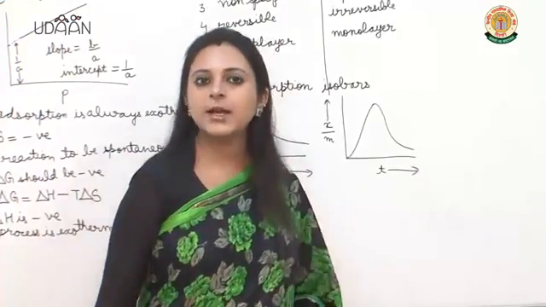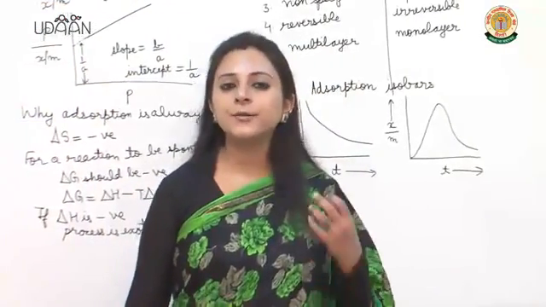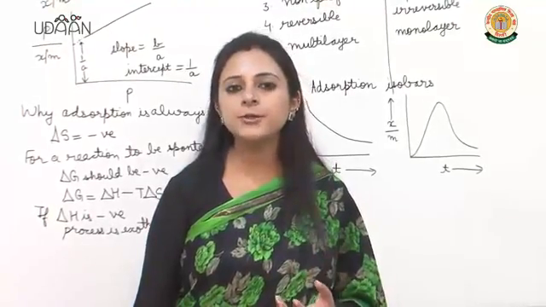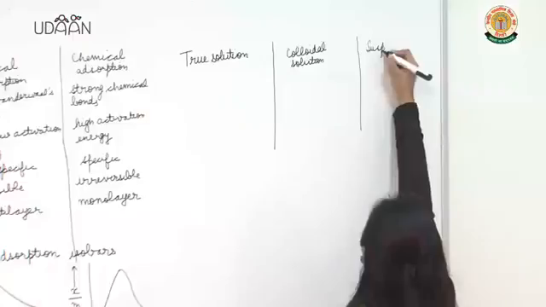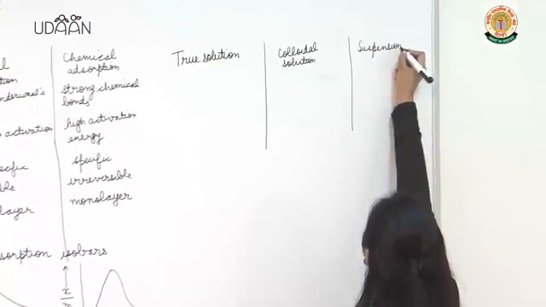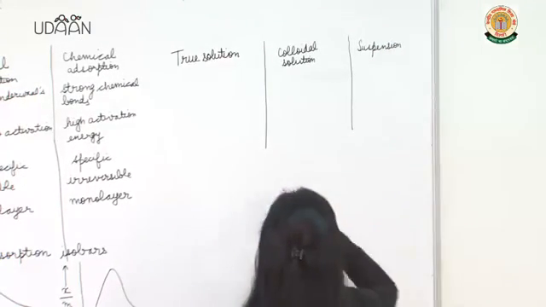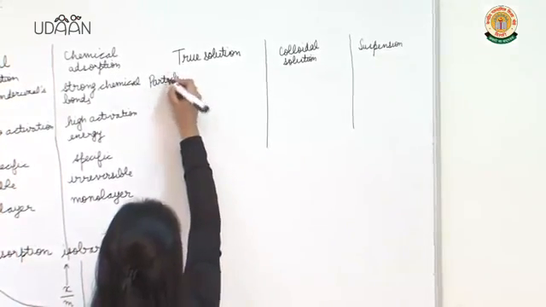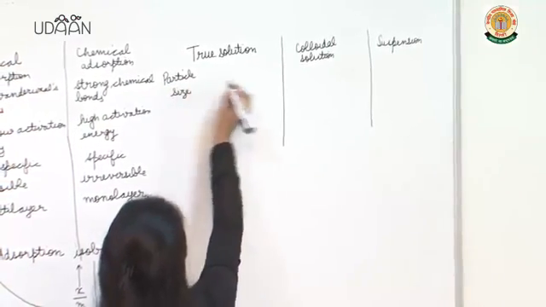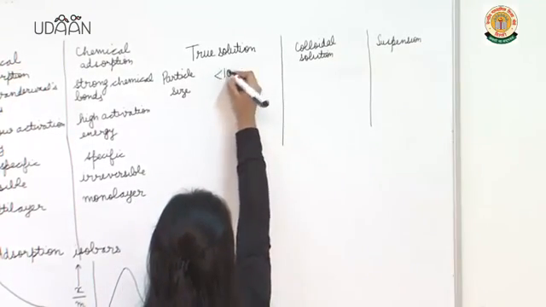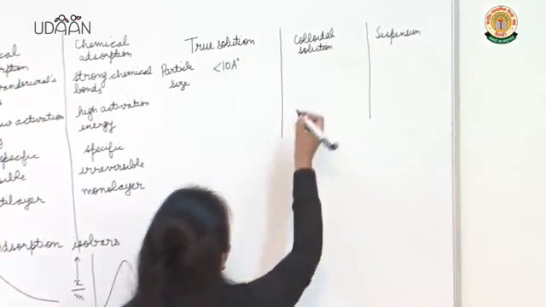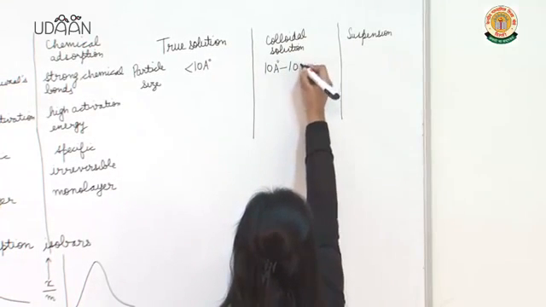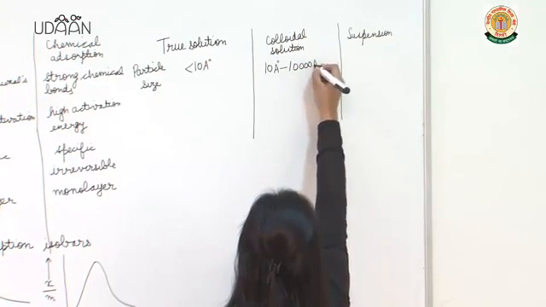Now let us understand the differences between true solution, colloidal solution and suspension. The very first thing is that we can distinguish by particle size. Particle size for true solution is less than 10 angstrom. For colloidal solution, it is between 10 angstrom and 10,000 angstrom.